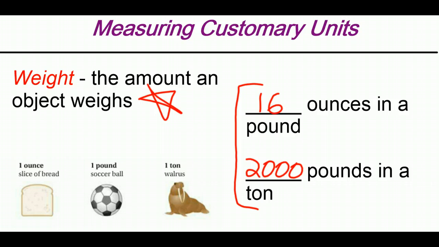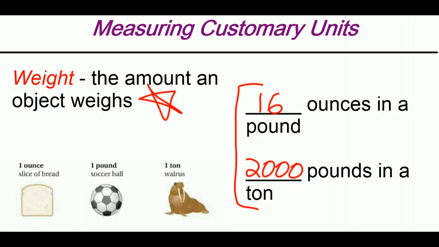And so for the last part of your video lesson, what I'm going to ask you to do is pause the video, or stop the video rather, go back to each of those units that we had talked about before, and try to come up with a different example of something that can be measured in each of those units. So for weight, something else, compared to the weight of a slice of bread.